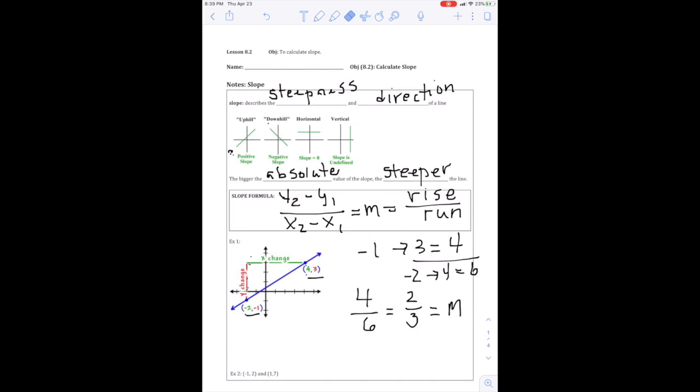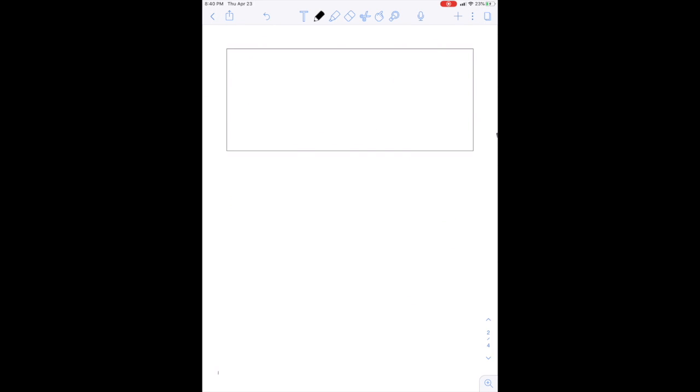Okay, so example 2, which you see down at the bottom, I'm going to move that up to the next page. -1, 2, and 1, 7. So I'm going to label this x1, y1, and x2, y2.